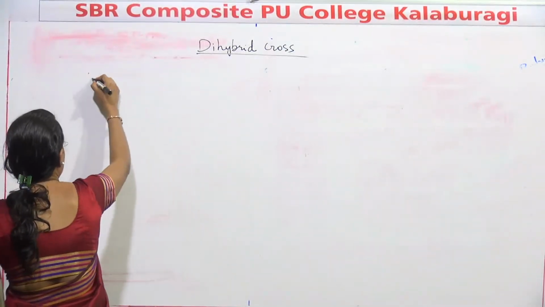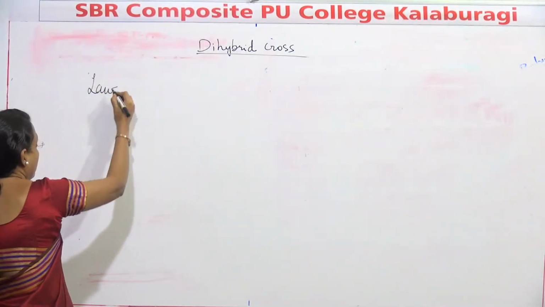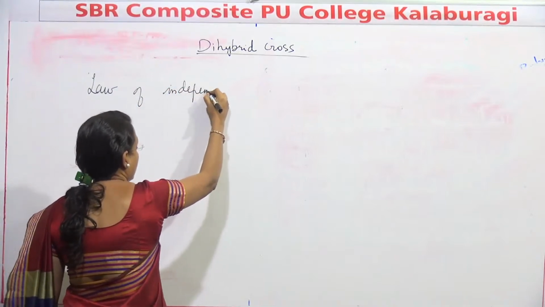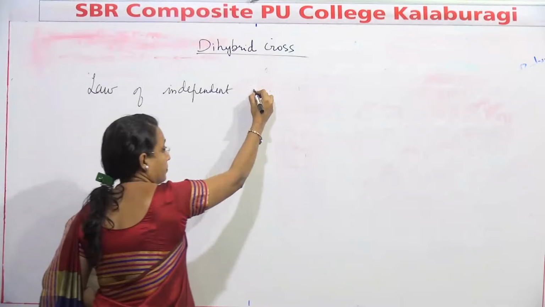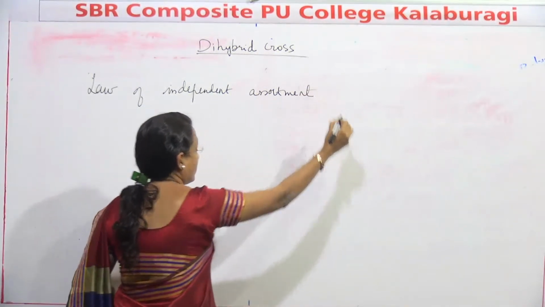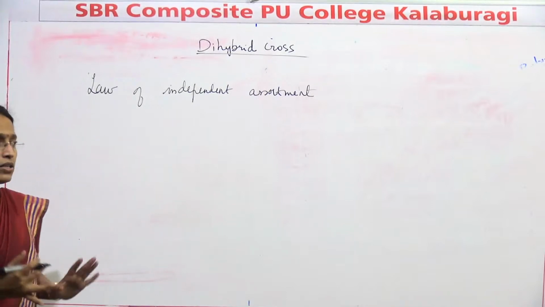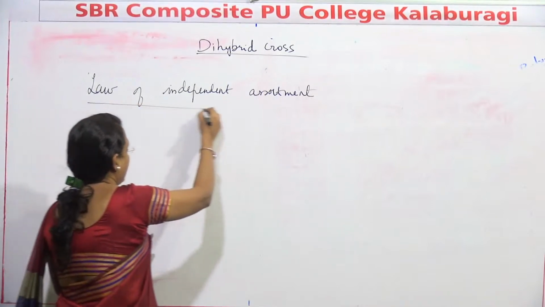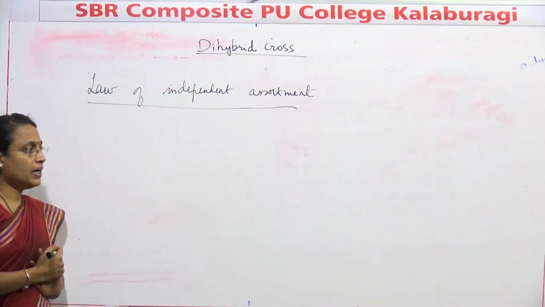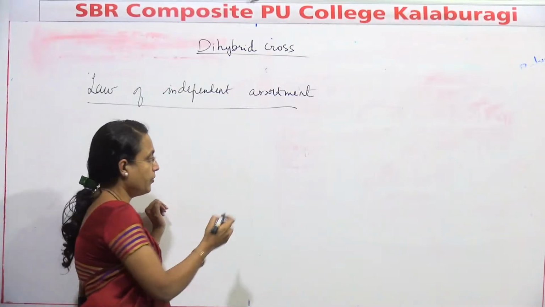So next is the law of independent assortment, Mendel's law of independent assortment. What does it state? What is the statement of it? I'll explain the statement and define it.